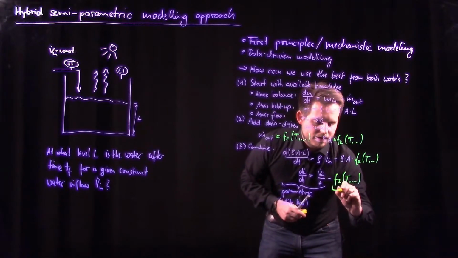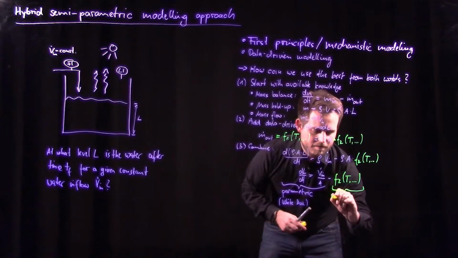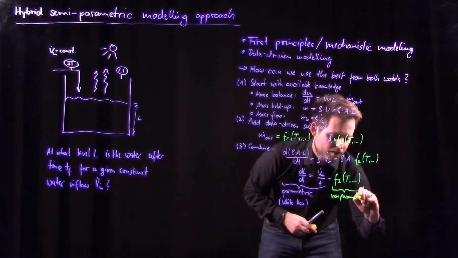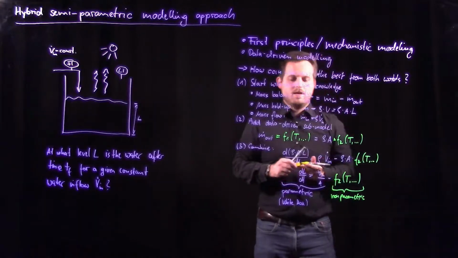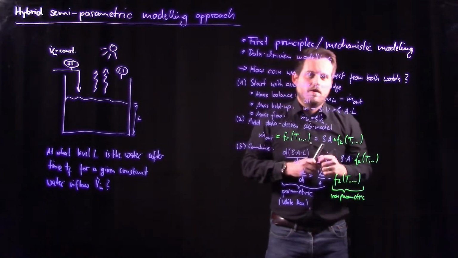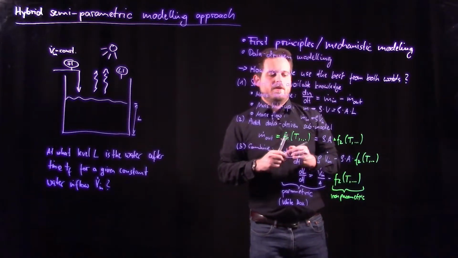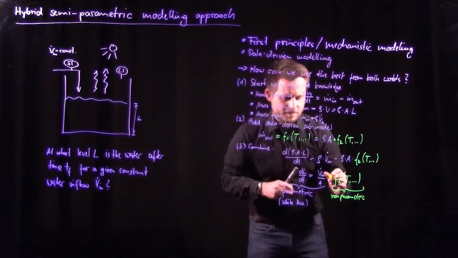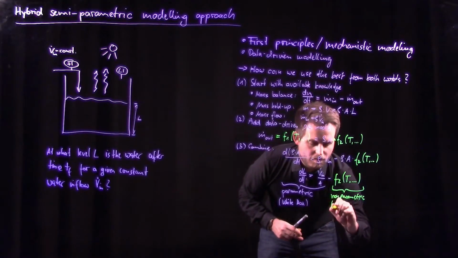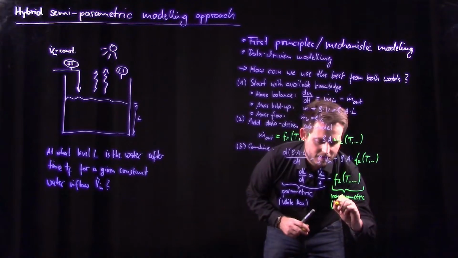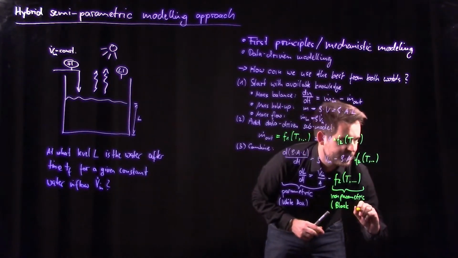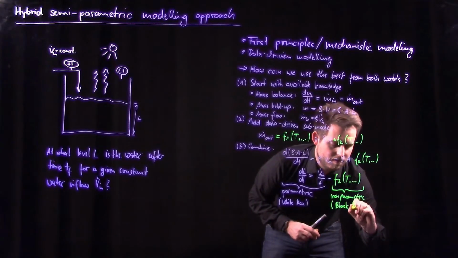On the other side, we have the non-parametric model, which could be an artificial neural network or a support vector machine or something. So any data-driven model, and this would sometimes also be called a black box model.